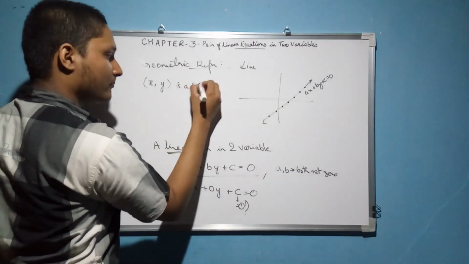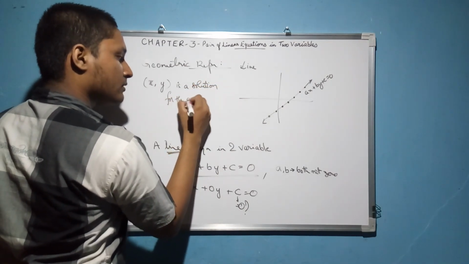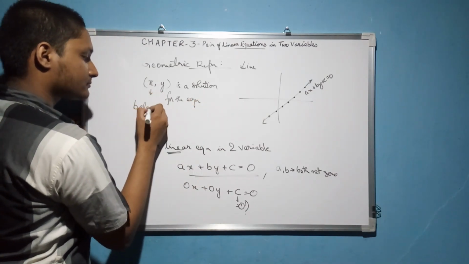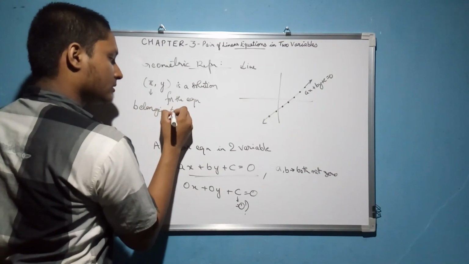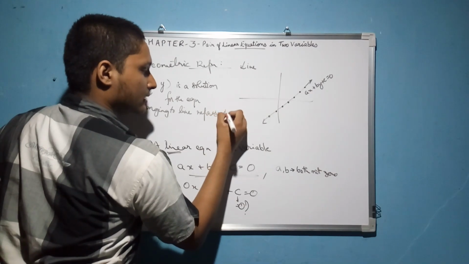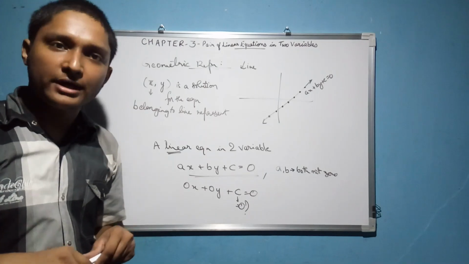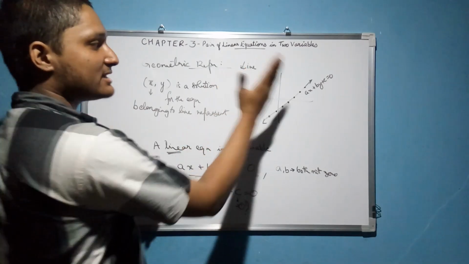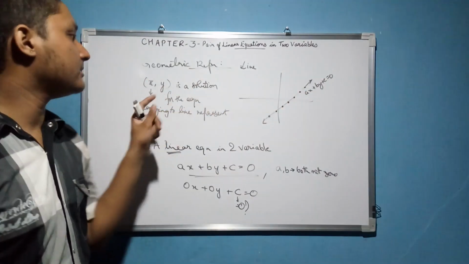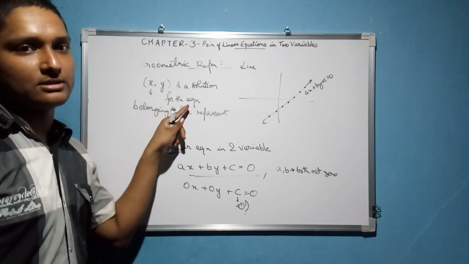If x comma y is a point of the line that is representing the given linear equation in x and y, then x comma y, that point on it, is a solution for the equation.